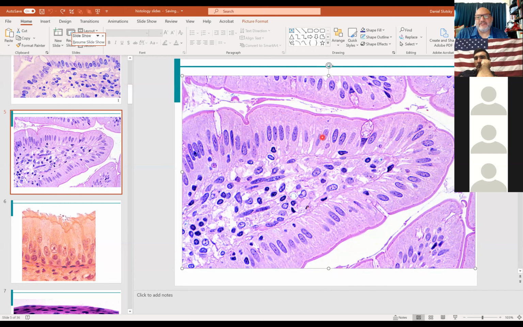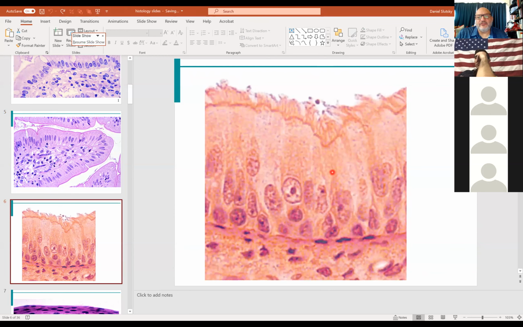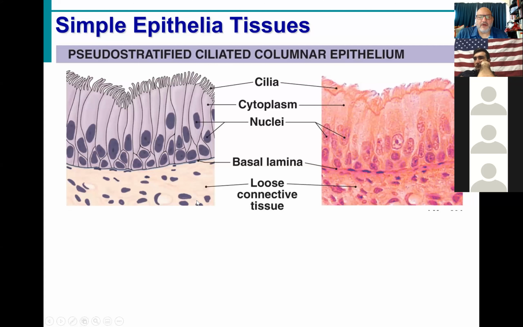Microvilli. Remember the simple columnar have microvilli on top of them, whereas ciliated pseudostratified columnar have cilia on top of them. Okay, but like I said, we'll come back and do that later. Let's go back to the lecture. All right, any other questions on our simple epithelial tissues?